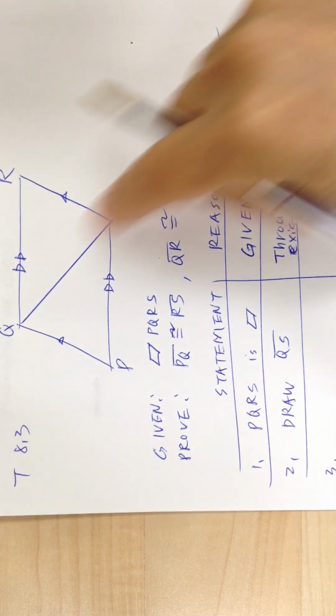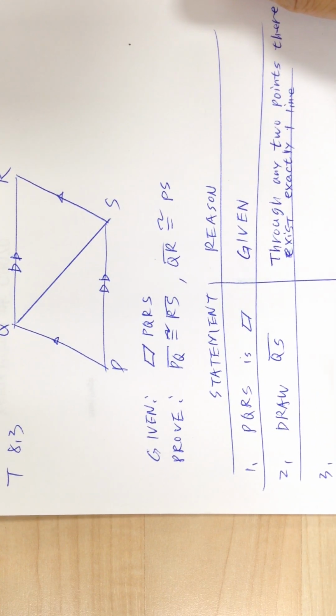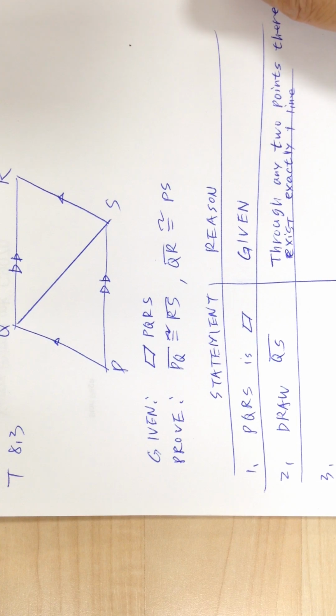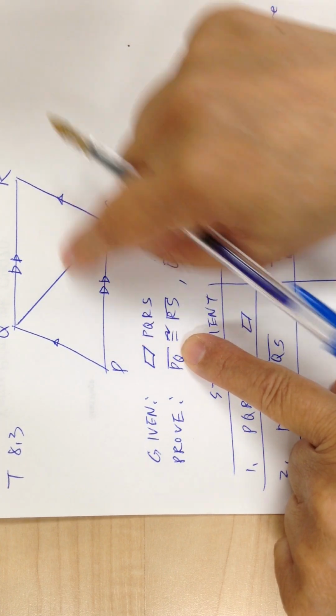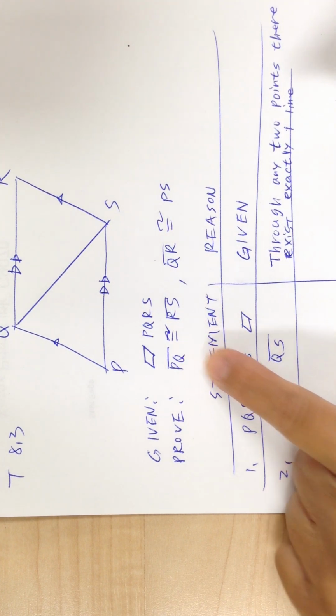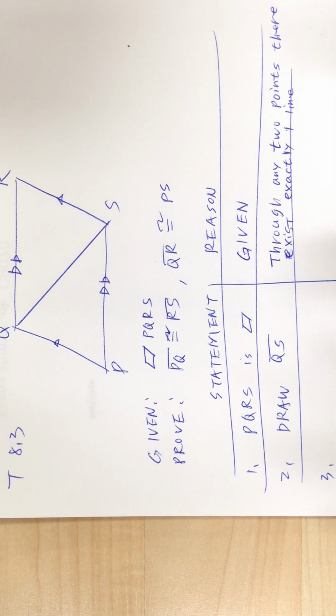Basically, when you have two points, you can draw the line. Now, to prove these are congruent, you have to prove the triangles are congruent and use CPCTC. Whenever you have to prove congruent parts, in most cases you have to prove the triangles are congruent.